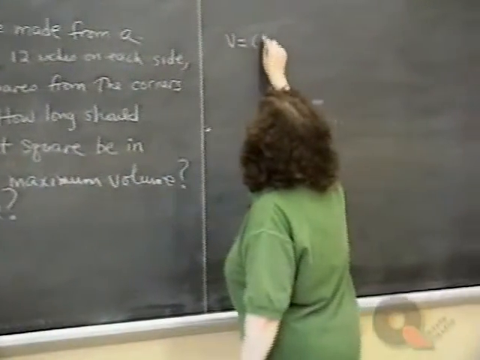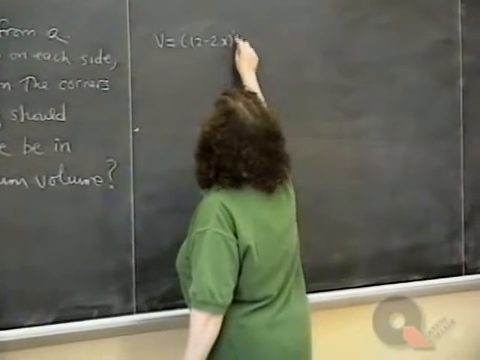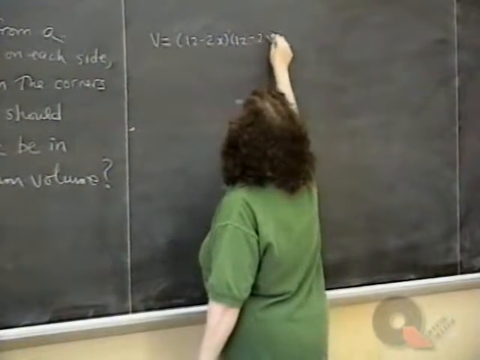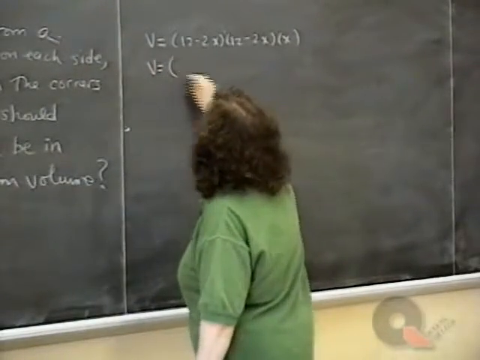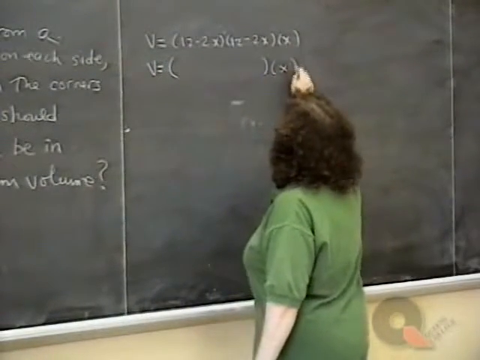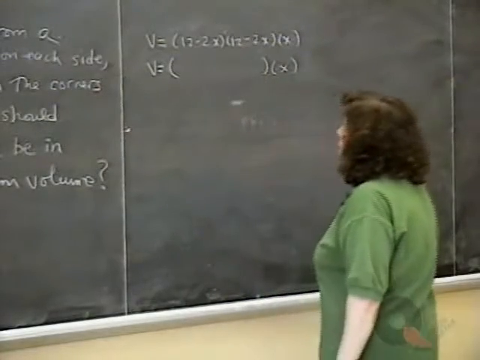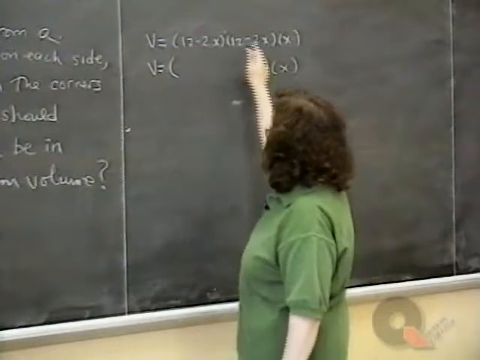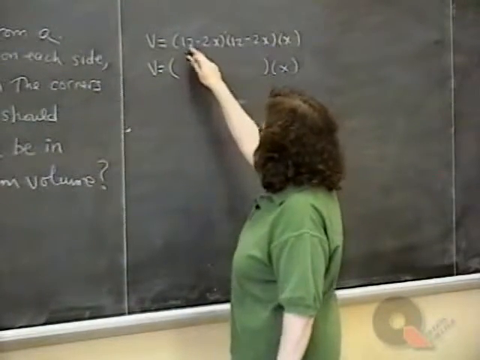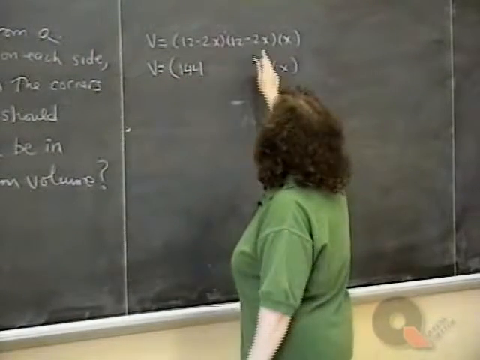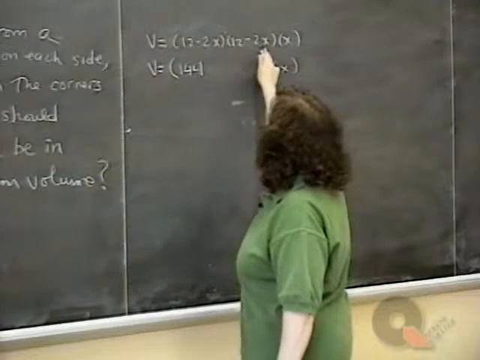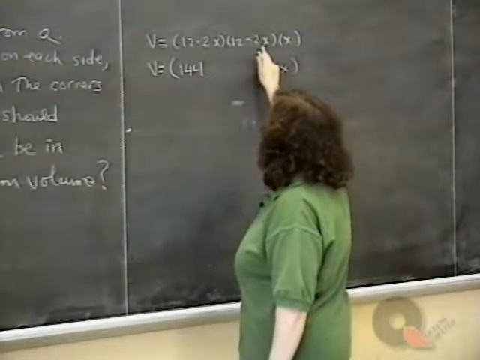V equals 12 minus 2x times 12 minus 2x times x, multiplying these two binomials together by FOIL, first, outer, inner, and last. First is 12 times 12, 144. The outer terms, 12 times the minus 2x is minus 24x.